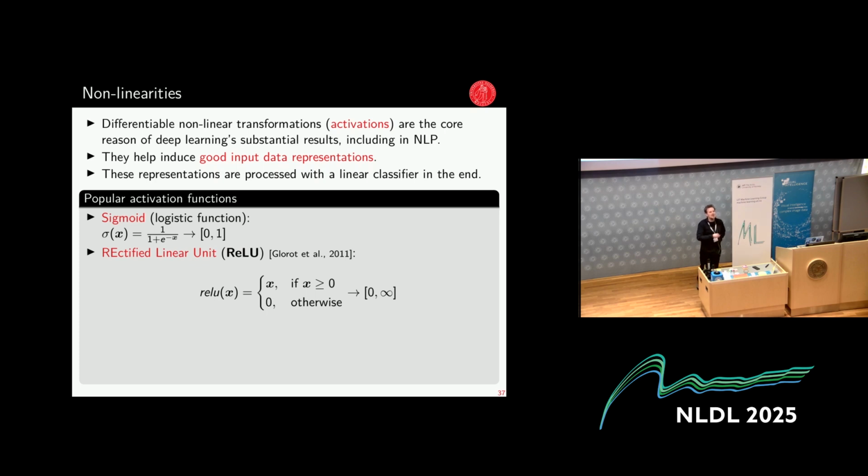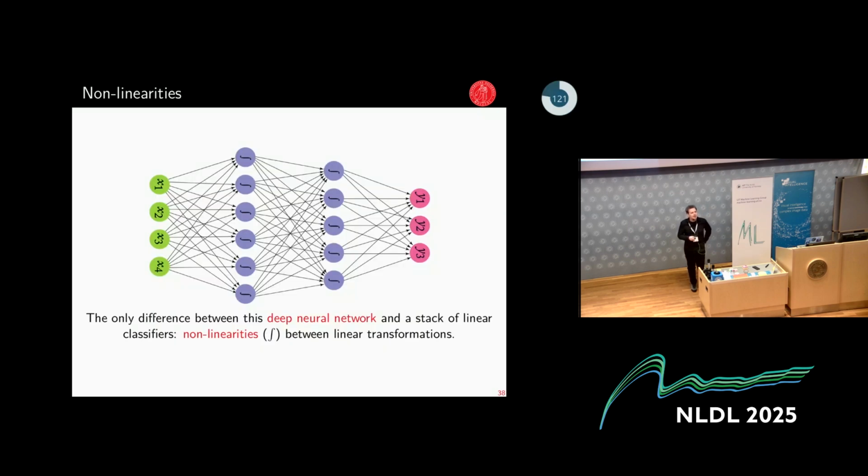If the input is less than 0, then the output is 0, right? So this transformation is nonlinear. It's very simple, it's very computationally cheap, and it does its job, right? You can also think about other transformations like hyperbolic tangent, etc. So the main trick is that you want this transformation to be nonlinear. So it shouldn't be just a linear transform.